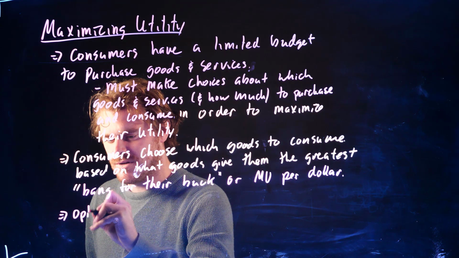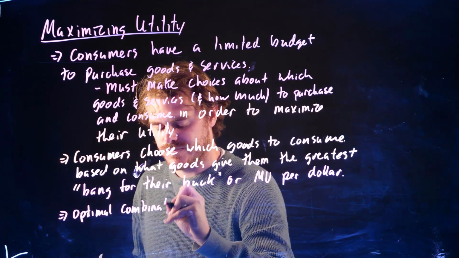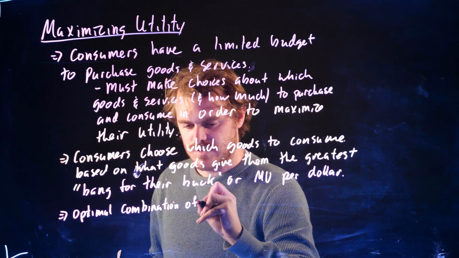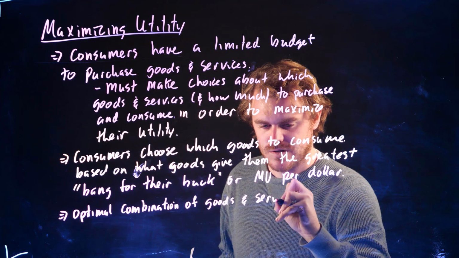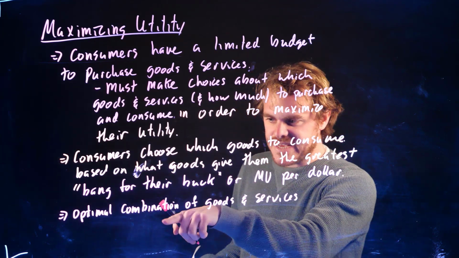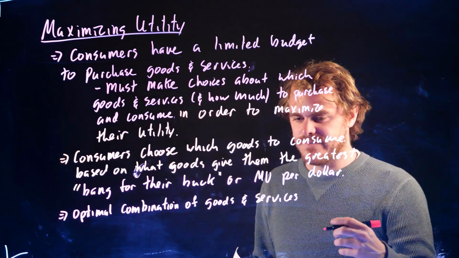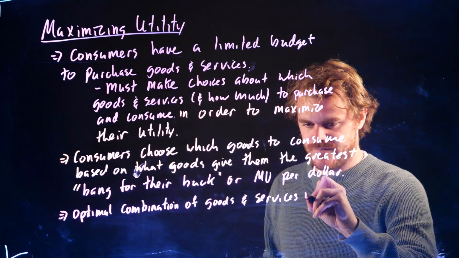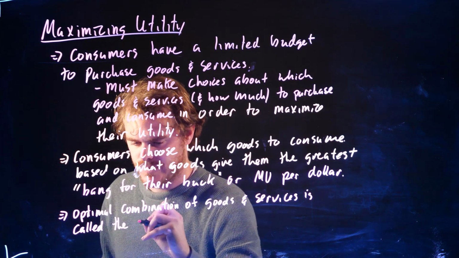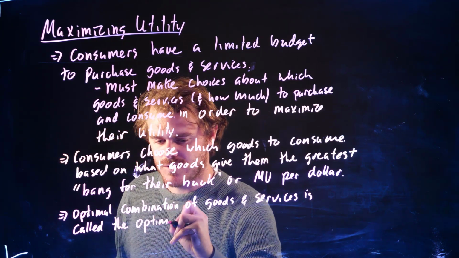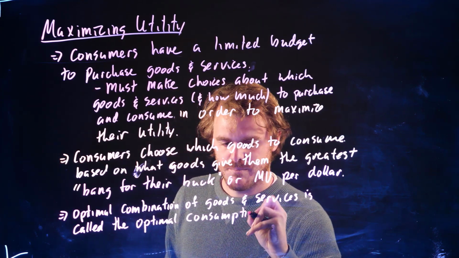The optimal combination of goods and services, or the combination of goods and services that maximizes utility, is called the optimal consumption bundle.